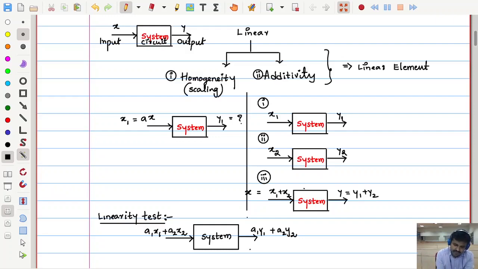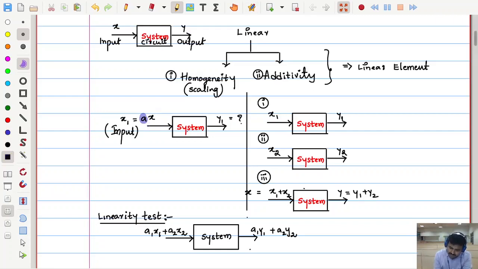If this is the system, whose input is x and the effect because of this input is y, then for the same system, if I give a new input which is some constant multiple of the previous input x, what will be the output?